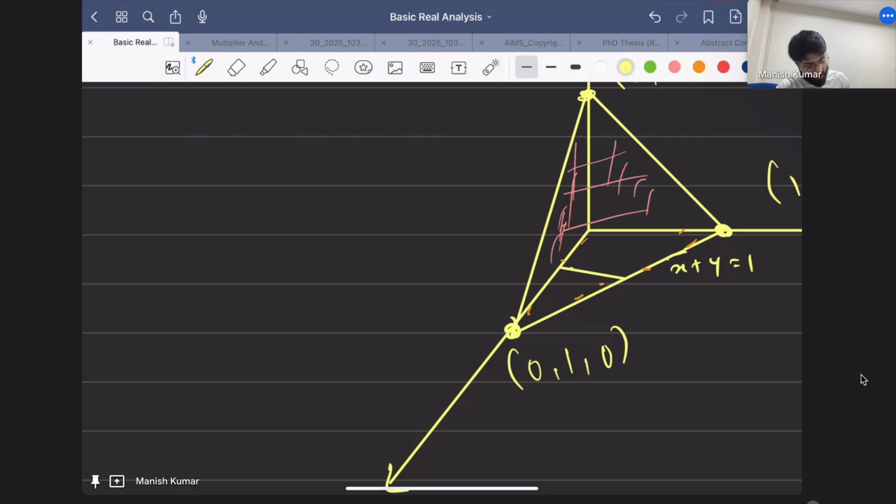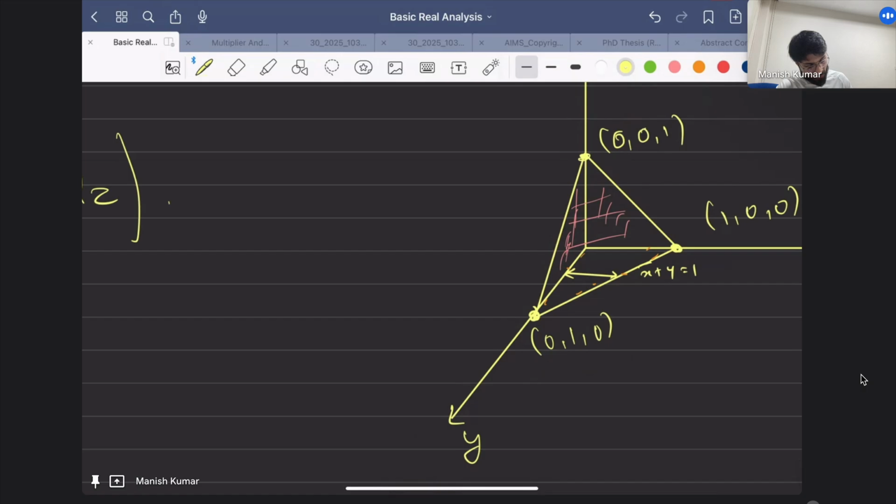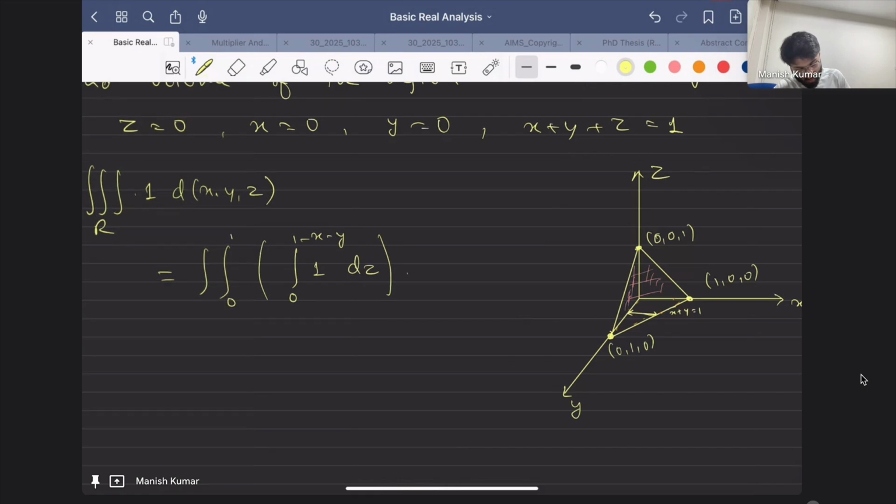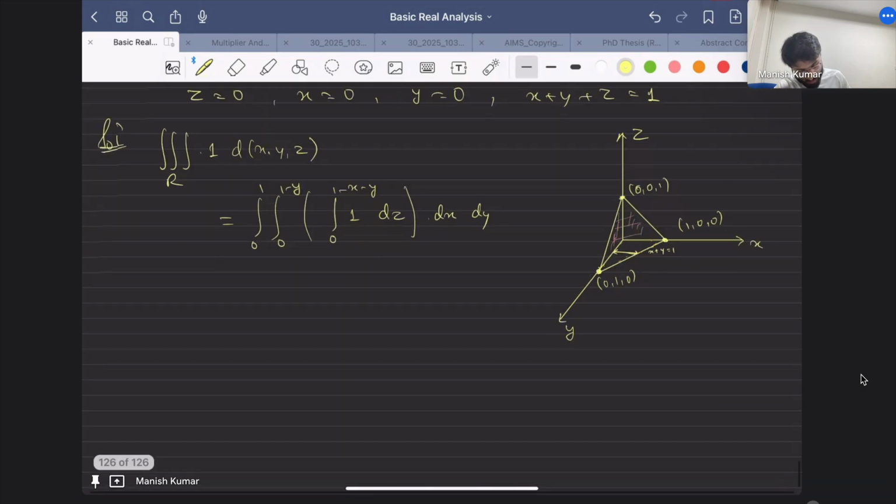So y is varying from 0 to 1, and x is varying from 0 to 1 minus y. So 0 to 1 minus y dx, and y is varying from 0 to 1 dy, right? So this you can integrate: 0 to 1 minus x minus y dx dy, 0 to 1.